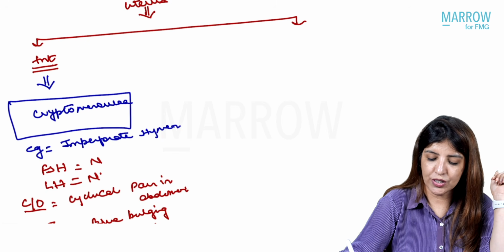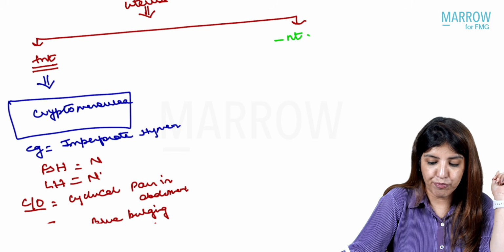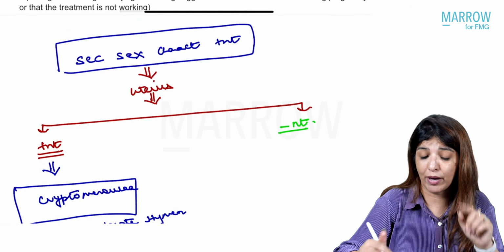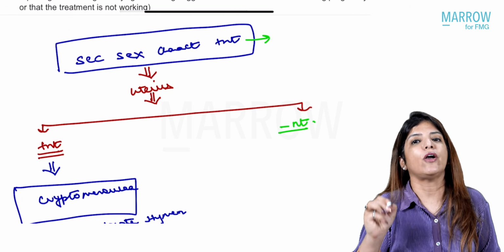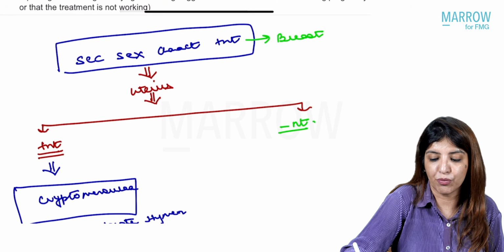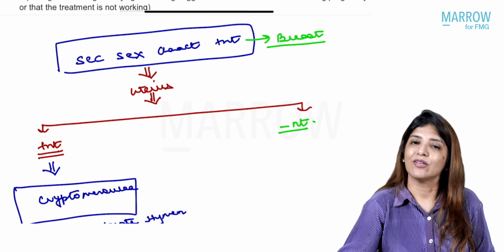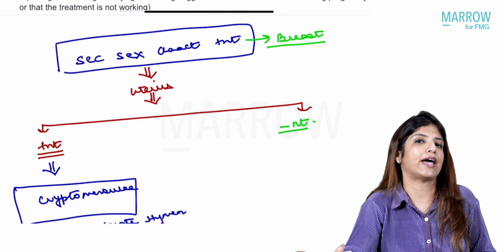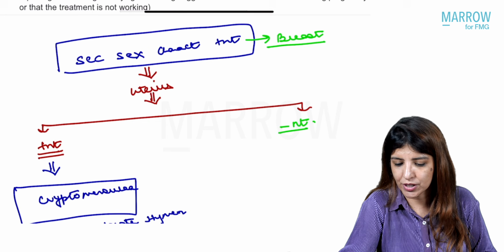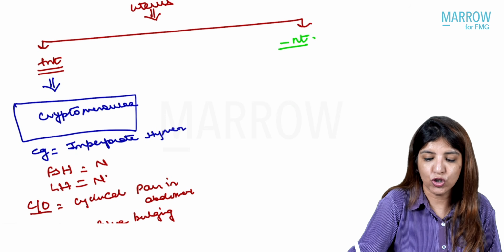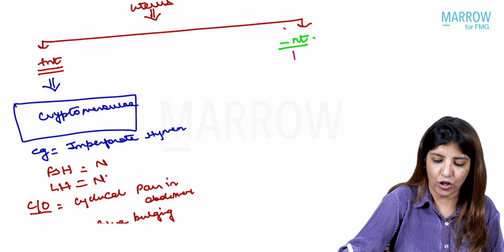Now comes the second side. Suppose your question says uterus is absent but secondary sexual characteristics are normal. First of all, whenever your question is saying secondary sexual characteristic, they mean breast development, right? So secondary sexual characteristic present means breast present. Secondary sexual characteristic absent means breast absent. Now, if uterus is absent, then you should have two differential diagnoses in your mind.